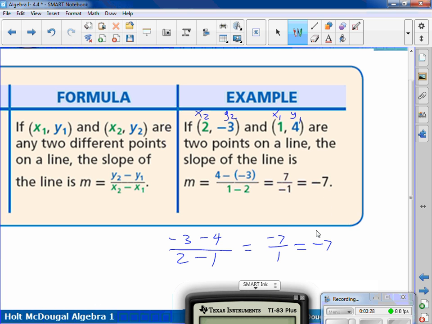They're the same. The x1s, y1s, those are just labels. Doesn't matter which one you call which. But you can't mix 1's and 2's. So if I call this one x2, this one has to be y2.